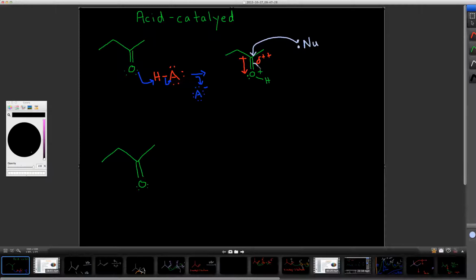And of course my pi bond will break so that carbon, again, is not making more than 4 covalent bonds. And of course this will afford a carbon-nucleophile bond and the corresponding alcohol. It's a two-step mechanism. The first step is proton transfer.